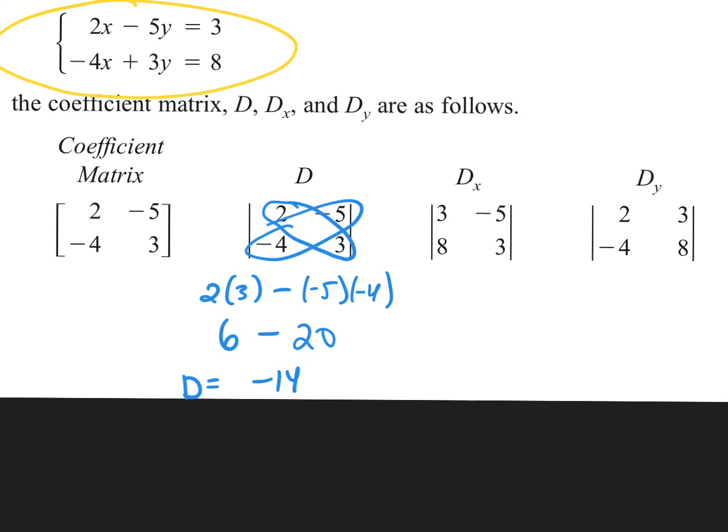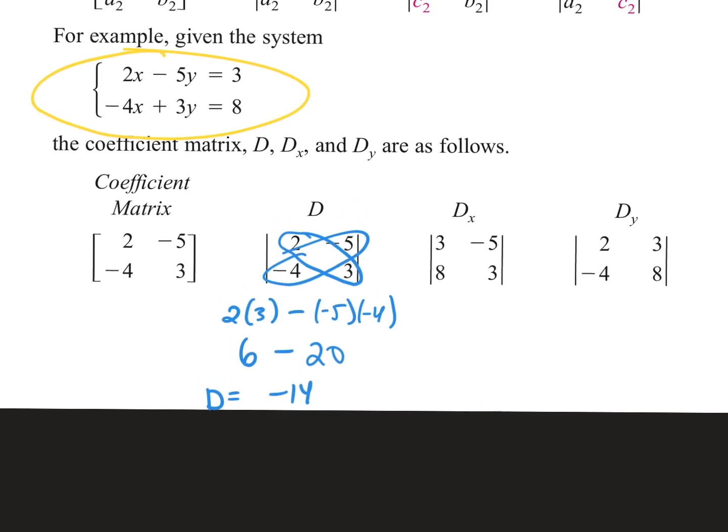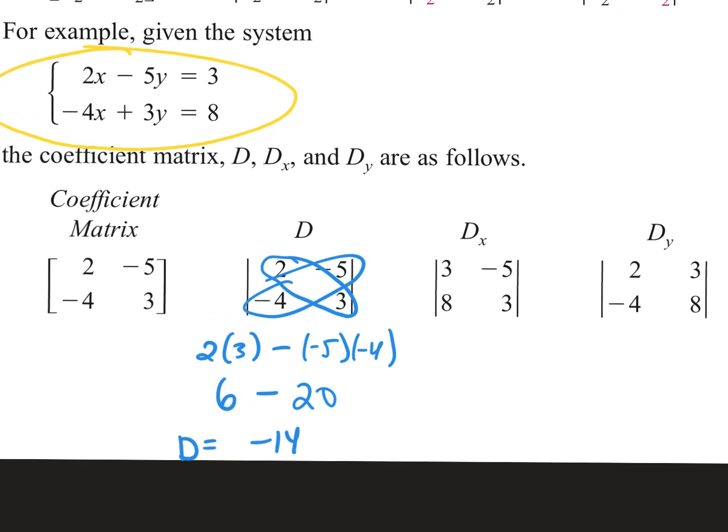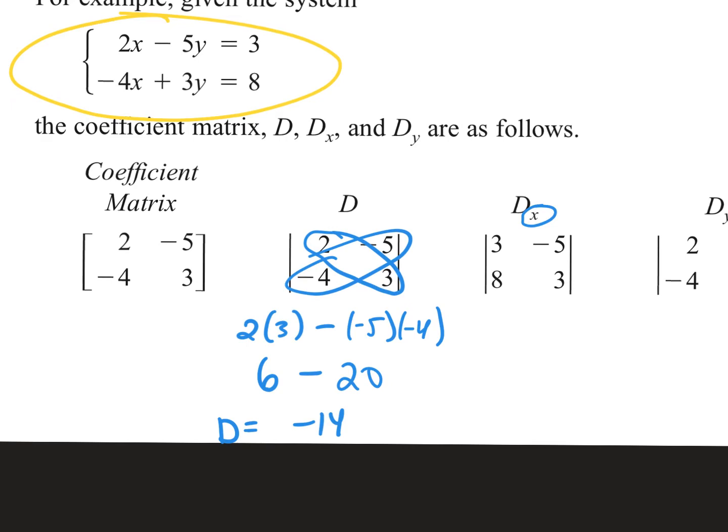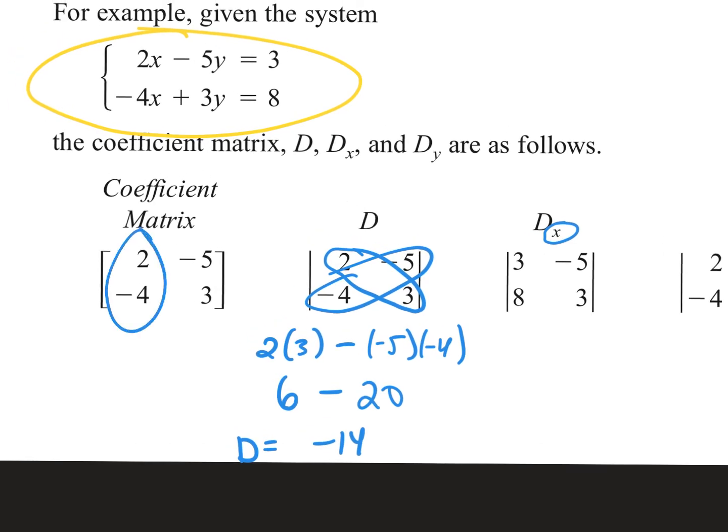All right, so now if you're going to find the determinant for x, whatever letter you're looking for, since we're looking for the determinant of x, you replace the x column with the answers. Do you see that? So instead of 2 and negative 4, we put in 3 and 8. Everybody with me? Okay, so let's find the determinant here.